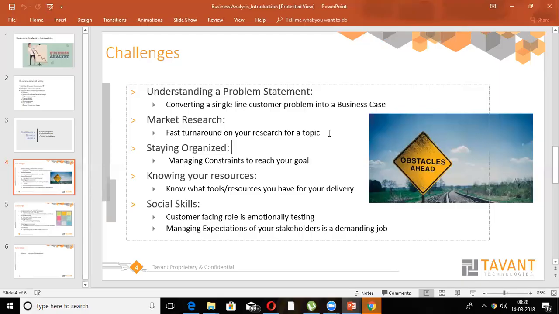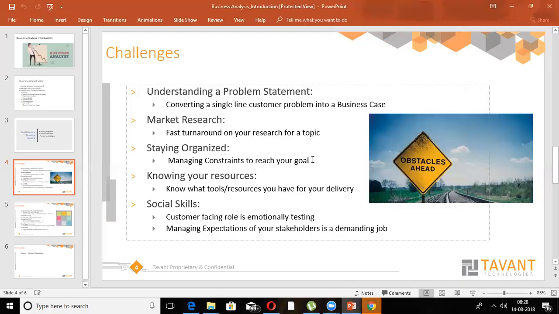The customer is not sure, the IT team is not sure, and you are the one in between trying to solve the issue. The IT team expects business analysts to know everything. The customer expects the business analyst to provide some sort of solution. So market research is very important.